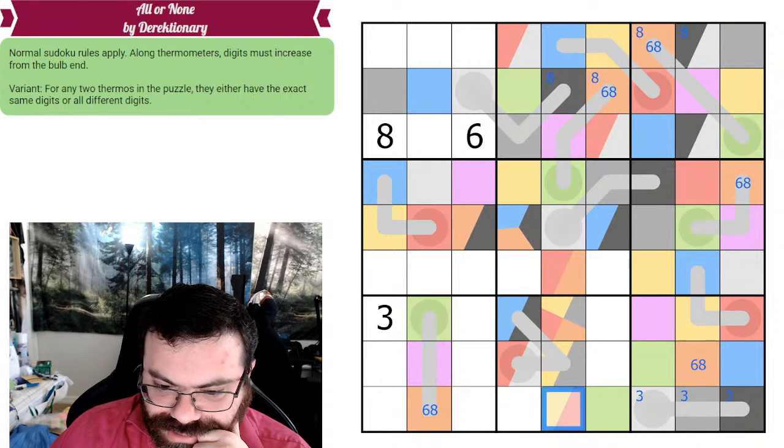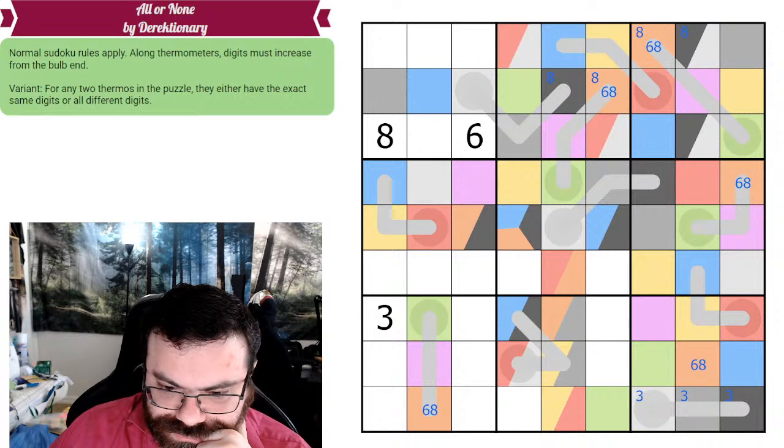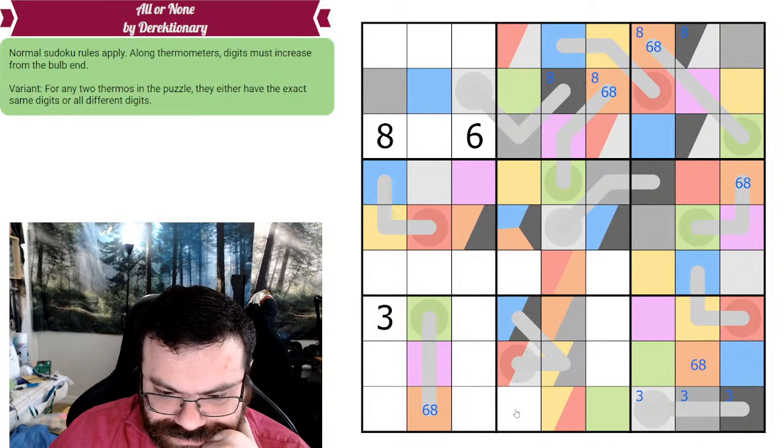This can't be dark gray. Thank you. This can't be red or yellow. So we're down to a chocolate teapot quadruple in colors.